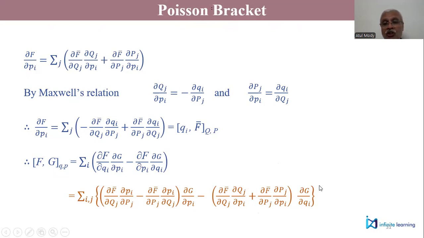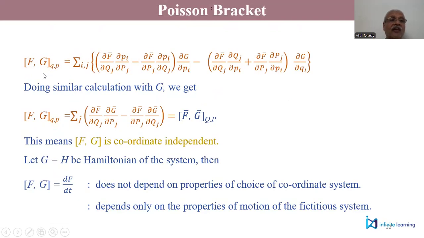Dou g by dou p and dou g by dou q have to be translated exactly like what you have done with f. And if you do so, then simplification will show you that, of course, you still have to substitute. So there will be brackets for dou g by dou p and dou g by dou q, which will carry two terms each. And then you open it out, and you will find that the only surviving term will be the two which are with respect to the new coordinate and momentum.